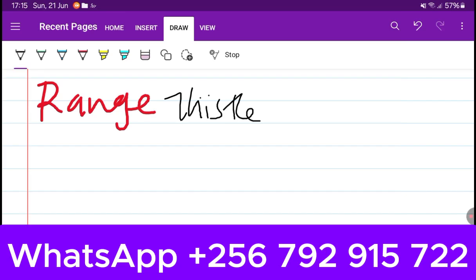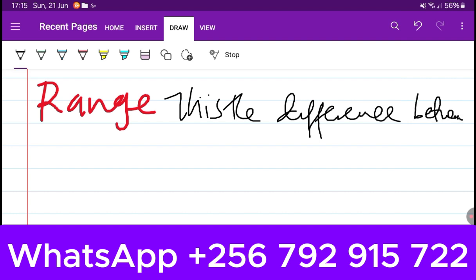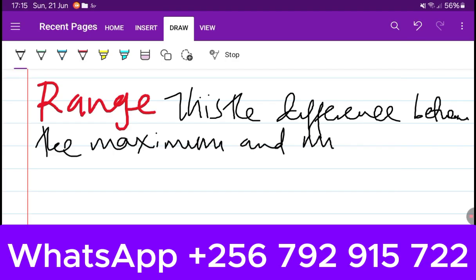This is the difference between the maximum, or the highest, and the minimum, or the lowest data entry.